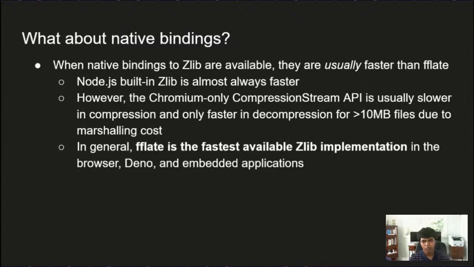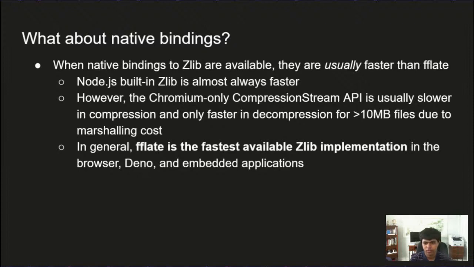When they're available, they're almost always faster than fflate, because having a native binding to a C library is almost always going to be faster than JavaScript. That's just because compiled C is usually faster than JIT compiled JavaScript. Even though runtime information is available in a JIT compiler, fflate was written in a very imperative way so that it can have a faster cold start than some of the other libraries available in JavaScript.